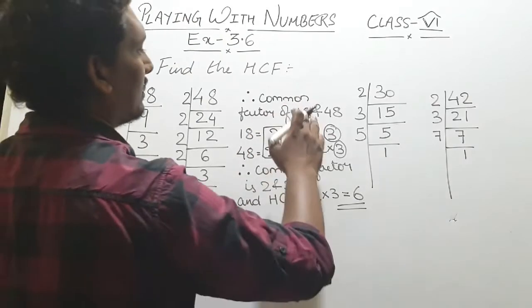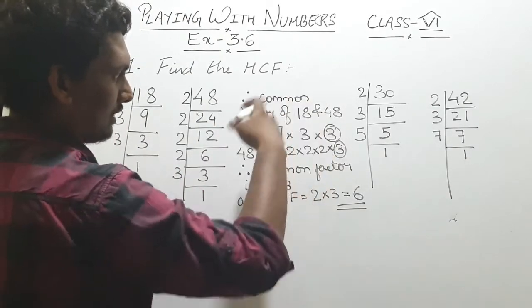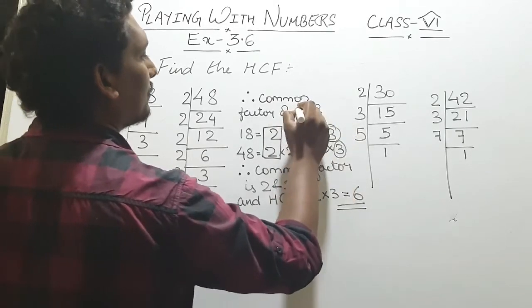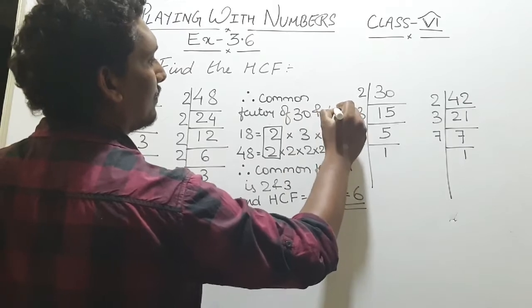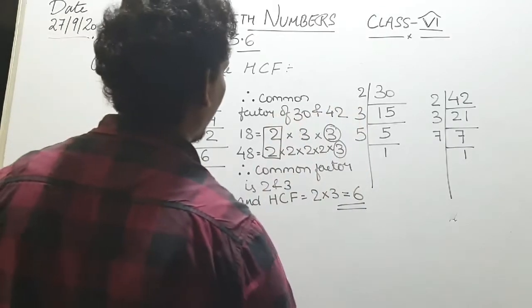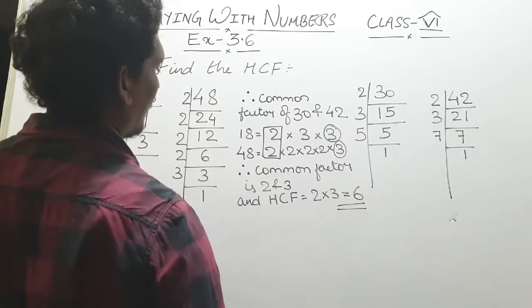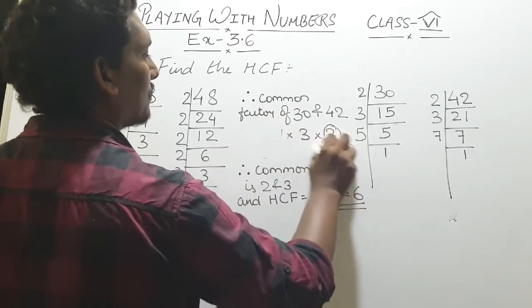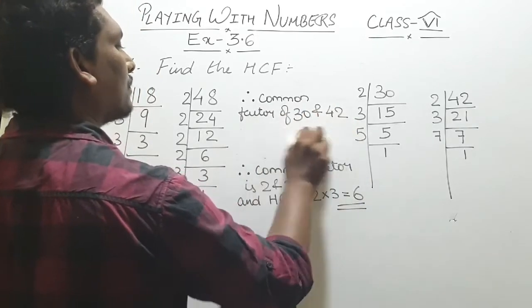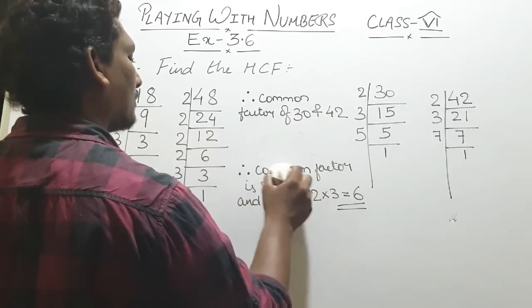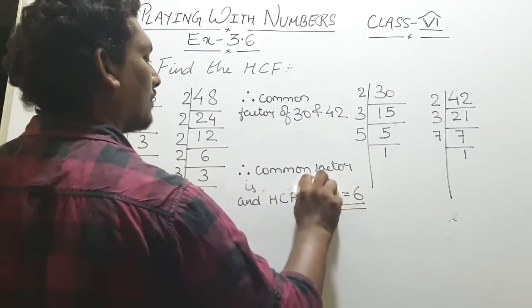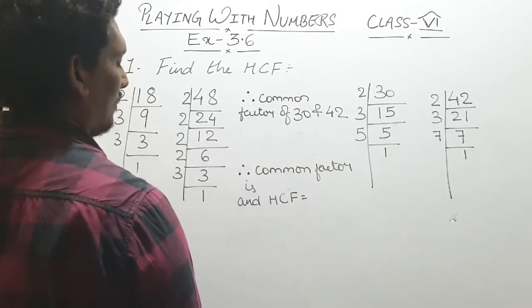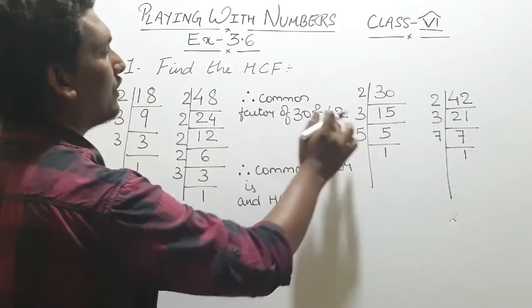So therefore I am just writing in this part only. Common factor of 30 and 42.